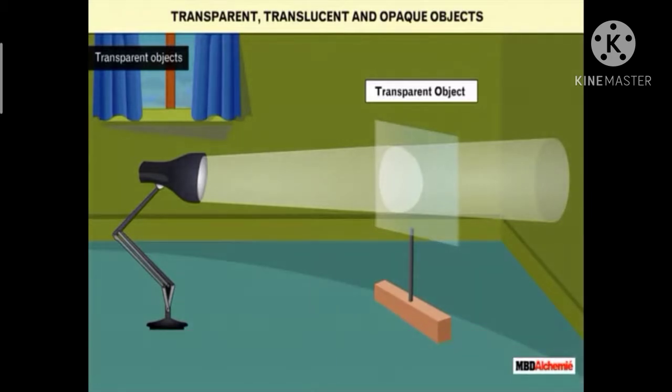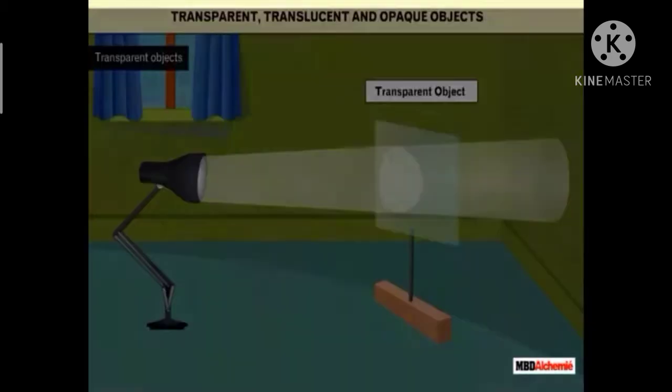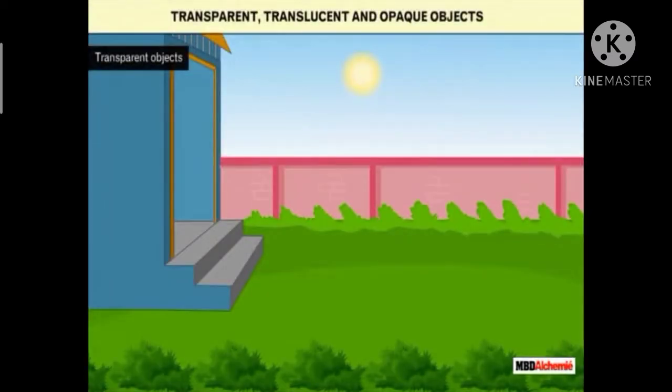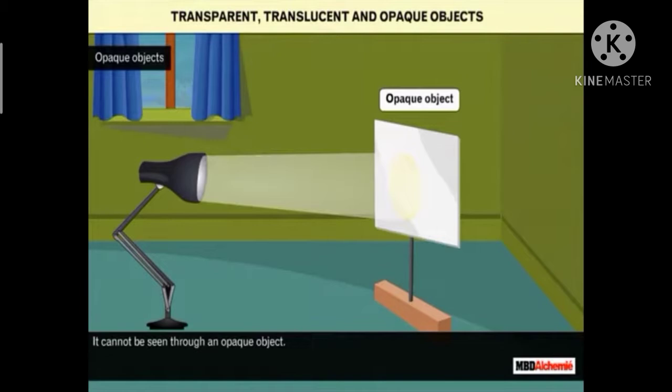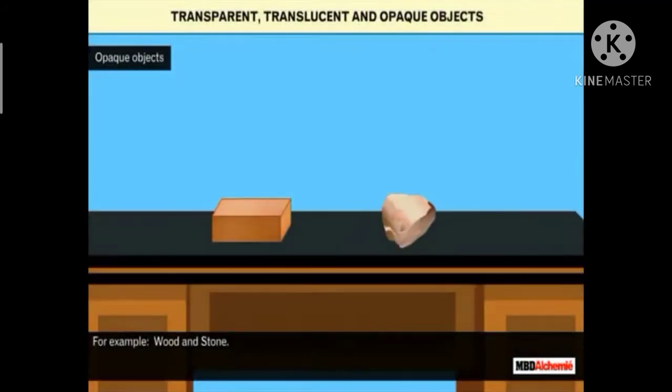It can be seen clearly through a transparent object. Air and different gases are transparent as light passes through them. An object through which light cannot pass is called an opaque object. It cannot be seen through an opaque object, for example wood and stone.